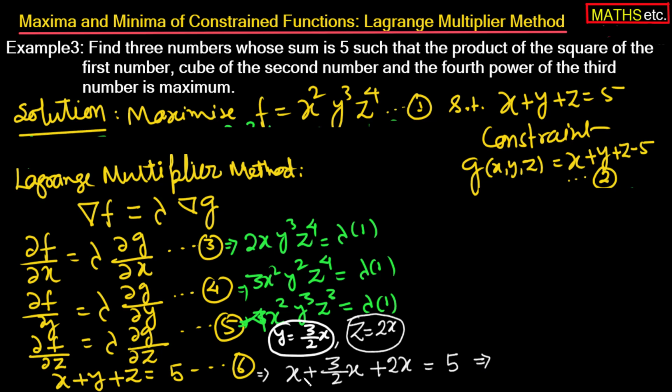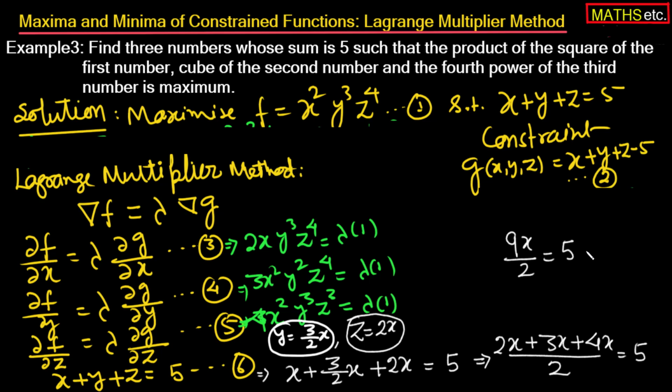Further simplifying it, taking the LCM on the left hand side, we get 2x plus 3x plus 4x whole over 2 is equal to 5. 3 plus 2 plus 4 is 9. So we get 9x over 2 equals 5. And after simplifying it, we get x is equal to 10 over 9.